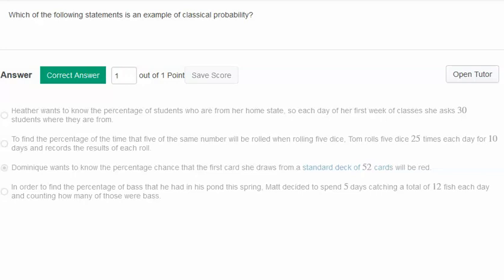Now, in this example, pause and read them. And what you're asked to find is whether this is empirical or classical.